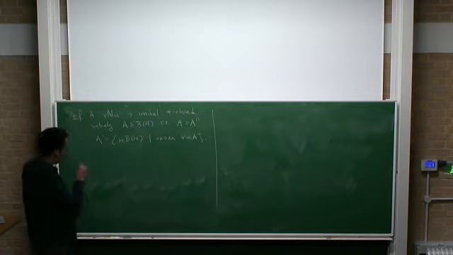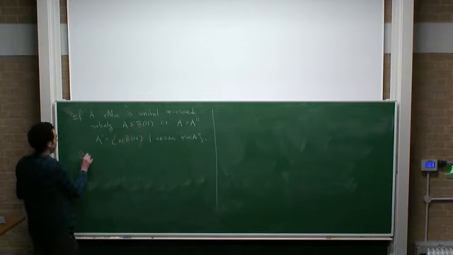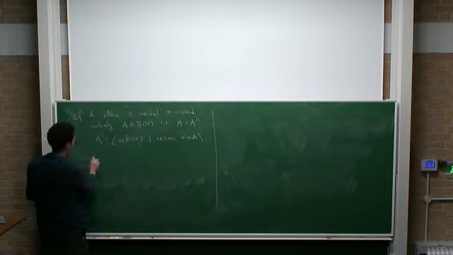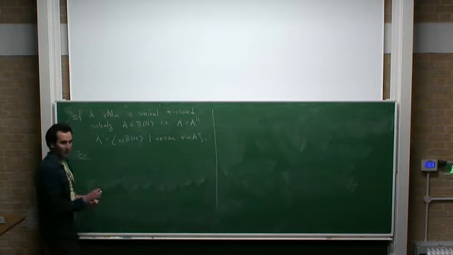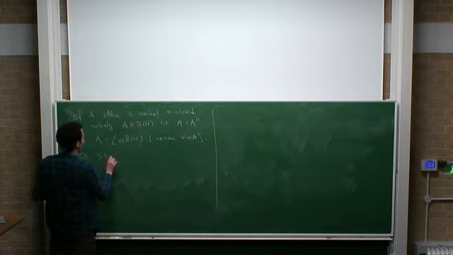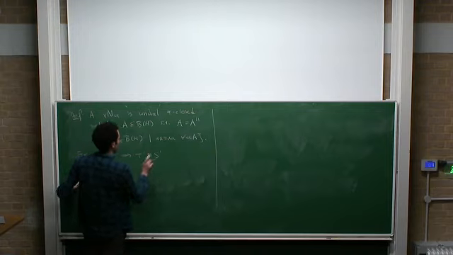Here are some exercises, because any good course has to have exercises along with it. I think you've already done this one. One: if S is a subset of T, then T prime is contained in S prime.